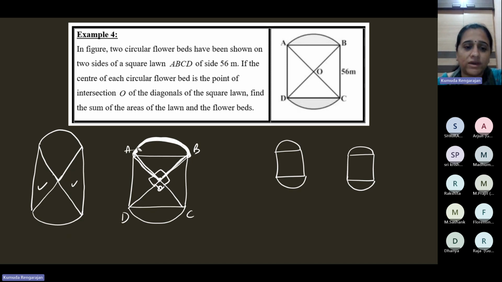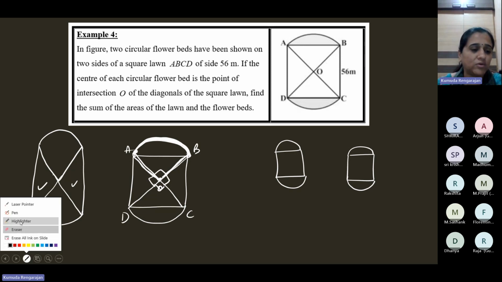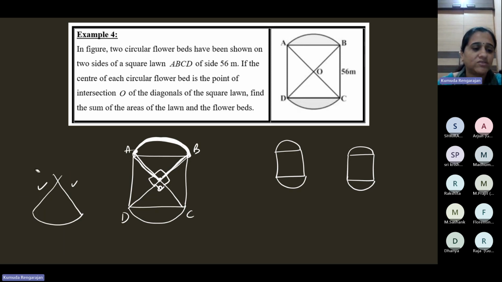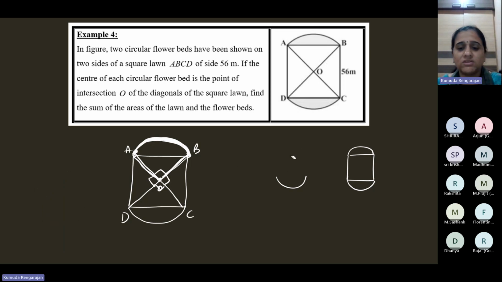So we need to find OA or OB, which are half of AC or half of BD, respectively. So we need to find AC. And how do you find AC? We have only one numerical value here, which is the side of the square. We only know that the side of the square is 56 meters. So we need to get started from here.